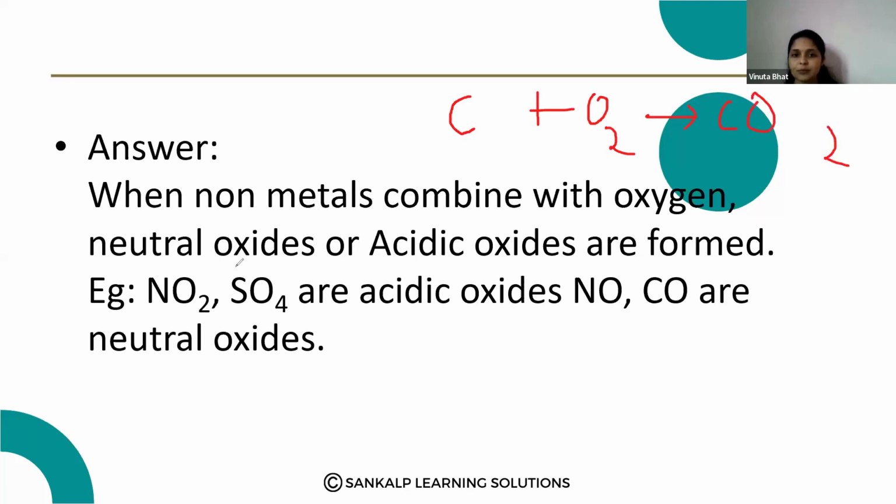Okay, so this is the example. Acidic oxides are formed. For example, nitrogen dioxide, carbon monoxide. So these are all neutral oxides.